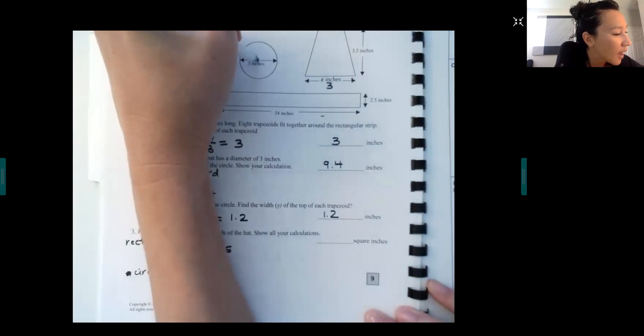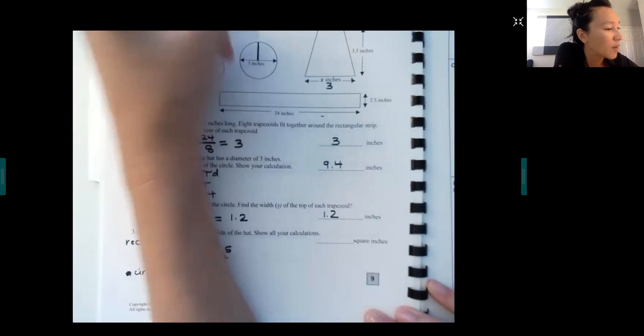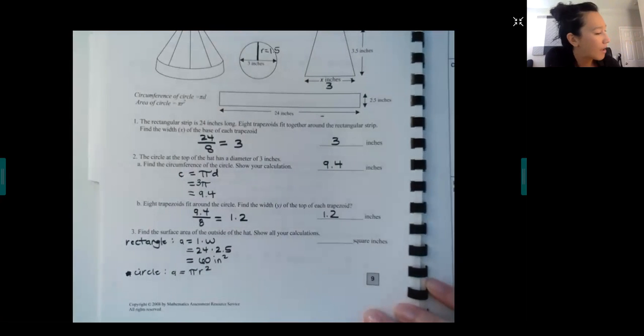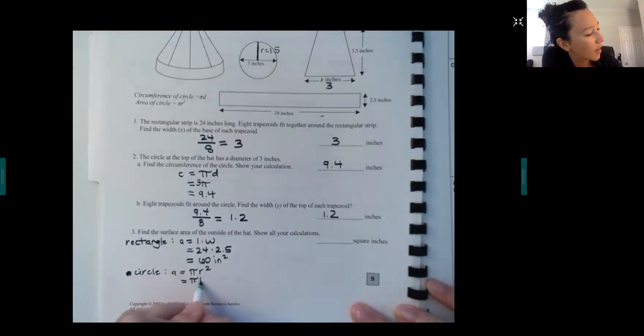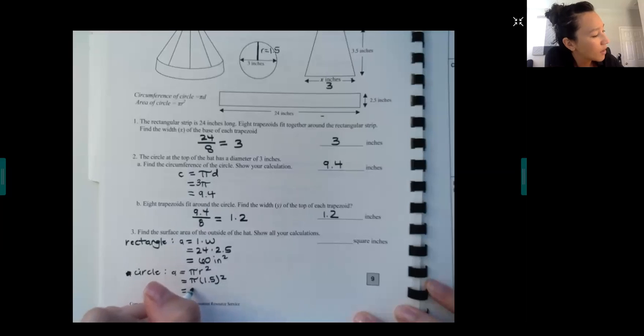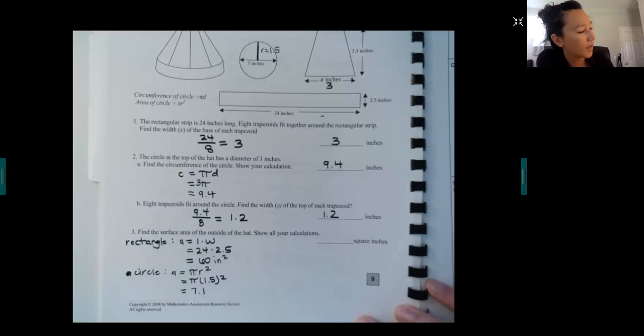So our radius is half of that, which is 1.5 inches. So it's pi times 1.5 squared. Should we do that on our calculator? And we get 7.1 inches squared for our circle.